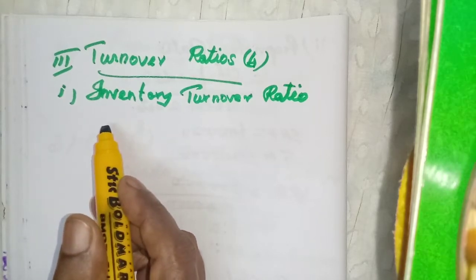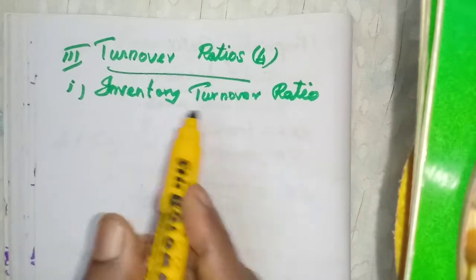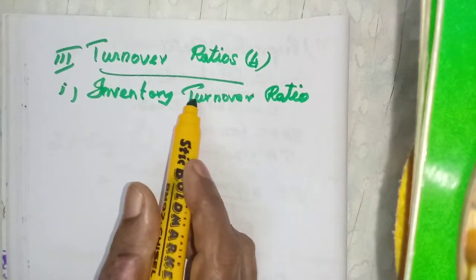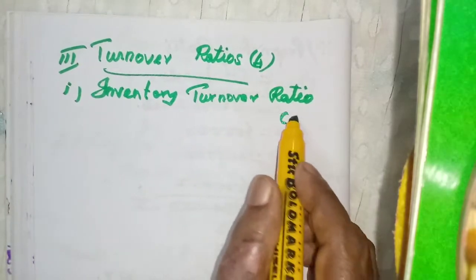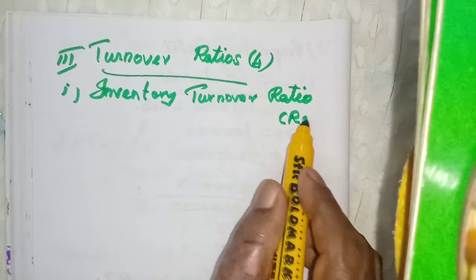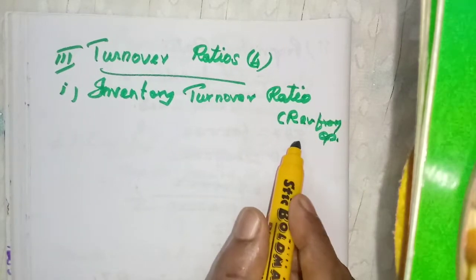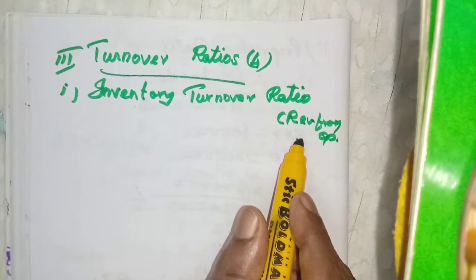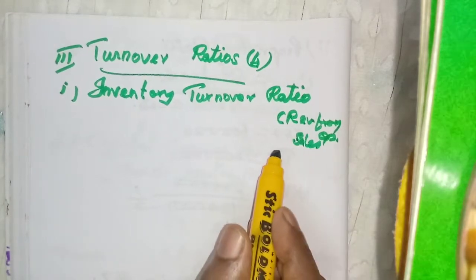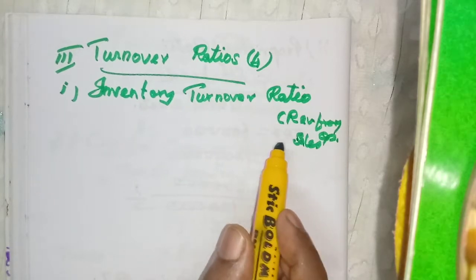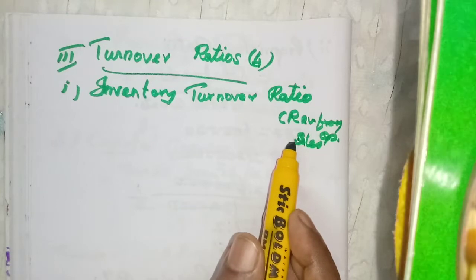Here it is related to the number of times the inventory has been turned over to make the revenue from operation. Revenue from operation means sales. But here we have to calculate the cost of goods sold, that means cost of revenue from operations.